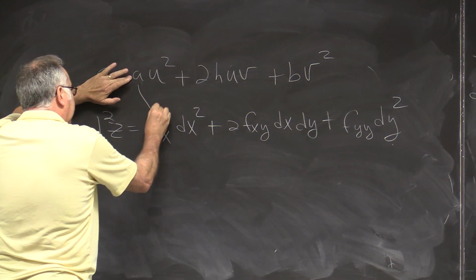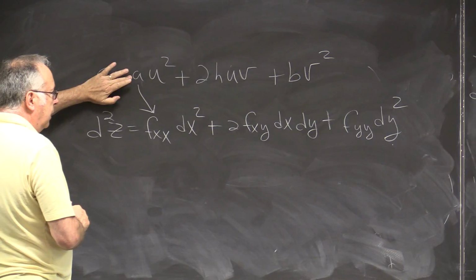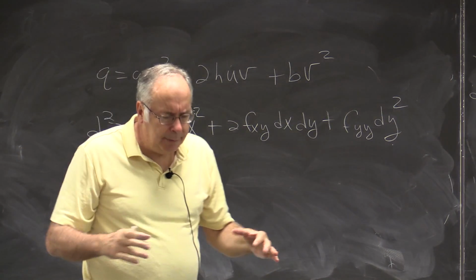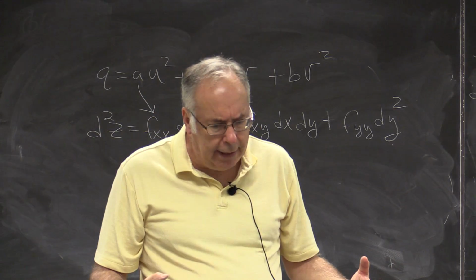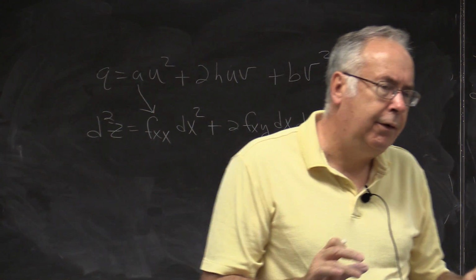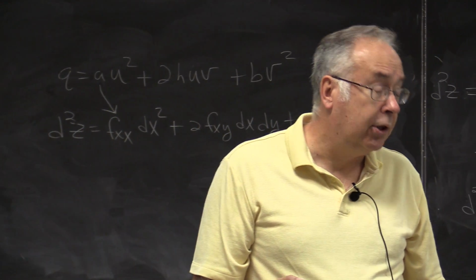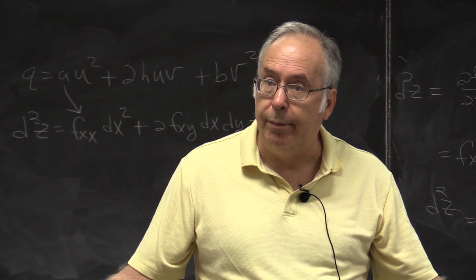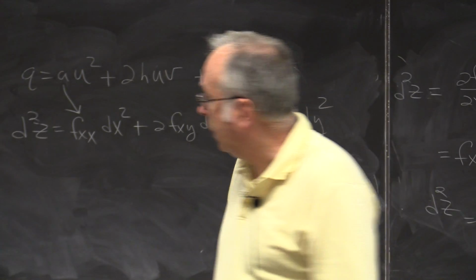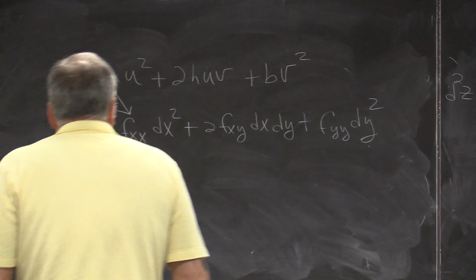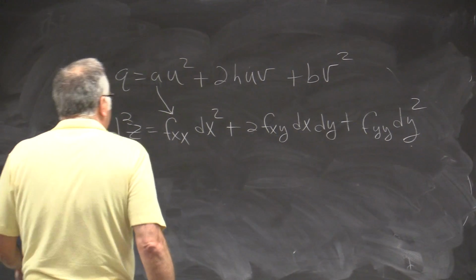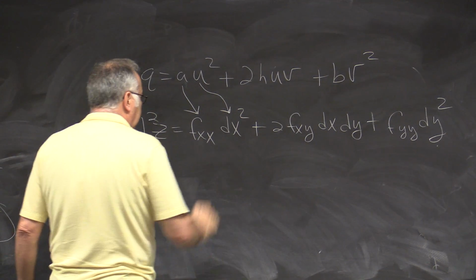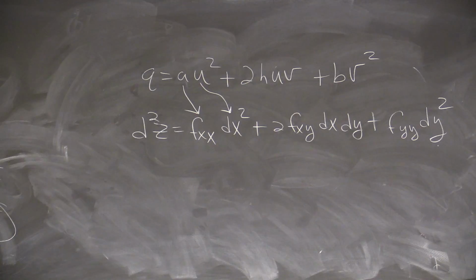A, just think of A as being f sub xx. Now, A is thought to be a parameter, but so is f sub xx if you evaluate f sub xx at the critical values of x and y. F sub xx will just be some number. And it'll be comparable to A. Now, u is a variable, and so is dx here. We're thinking of dx as being a variable.